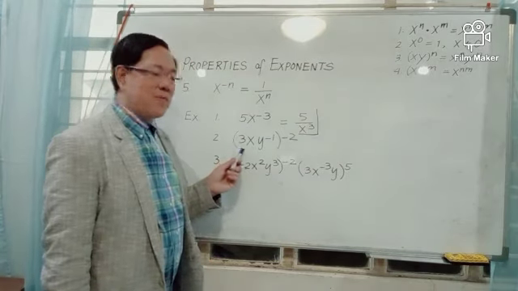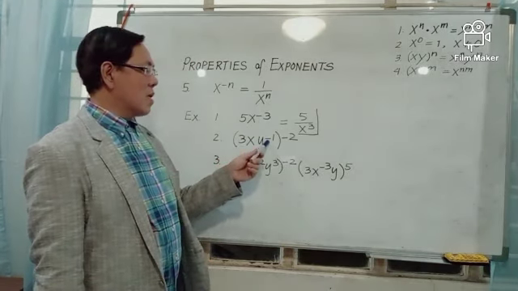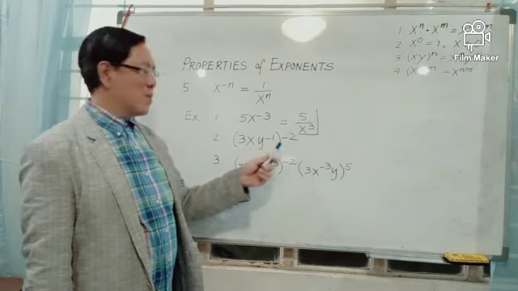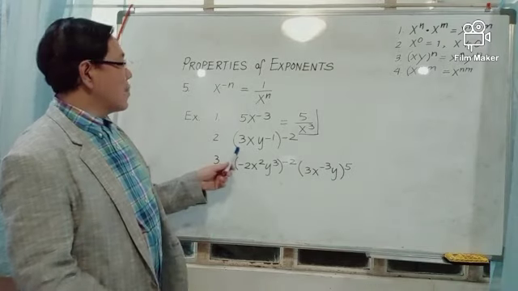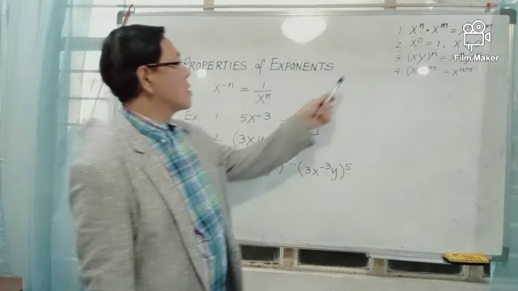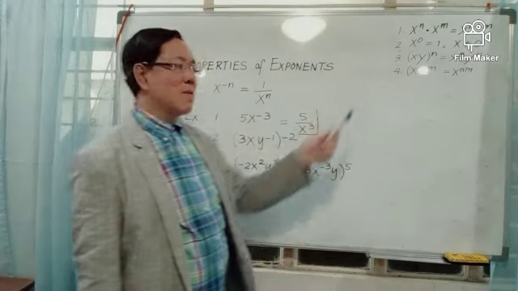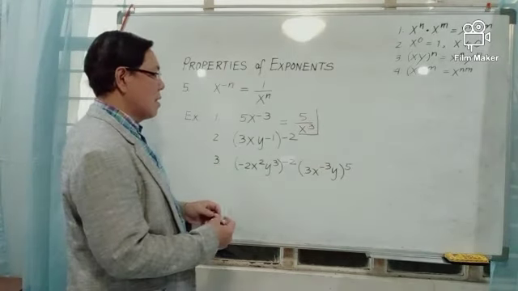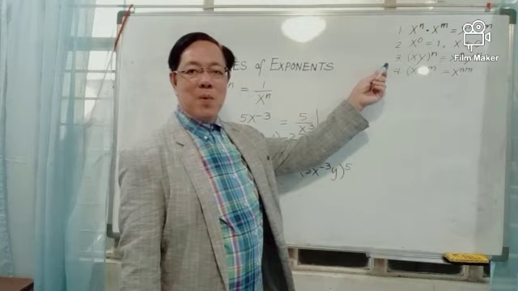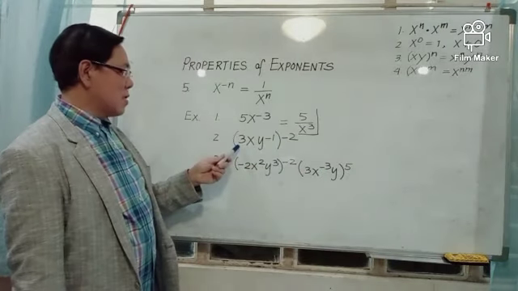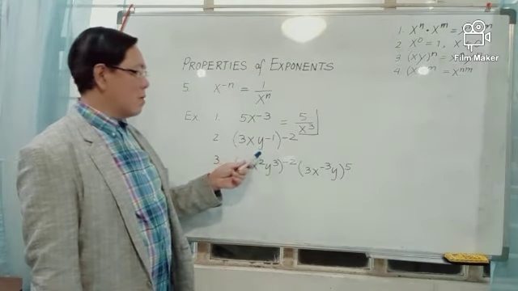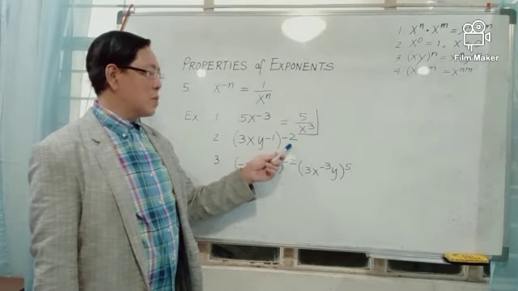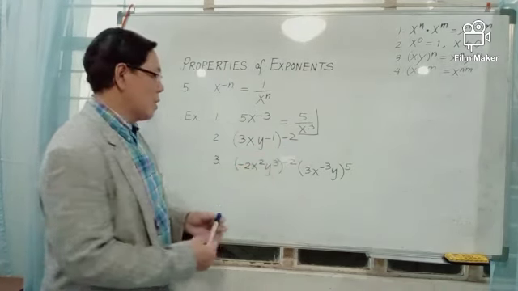Number 2, we simplify 3xy to the negative 1 raised to the power negative 2. We apply the third property first to this given. By the third property of exponent, you raise each factor, 3, x, and y to the negative 1, to the power negative 2.